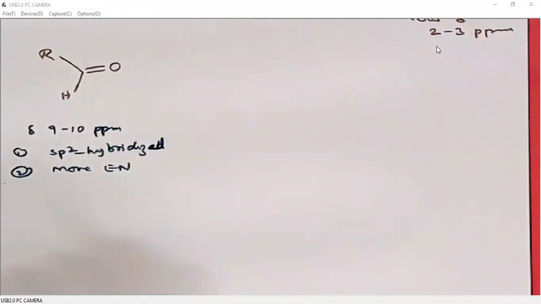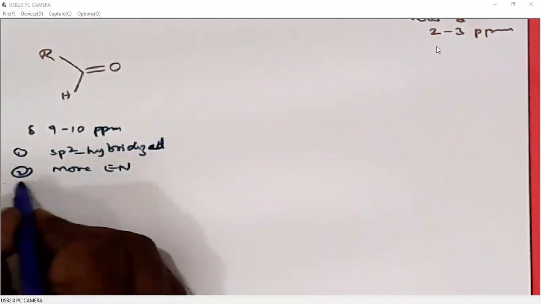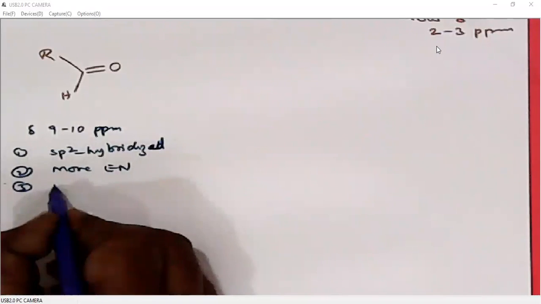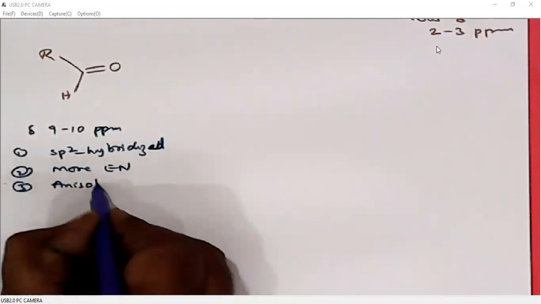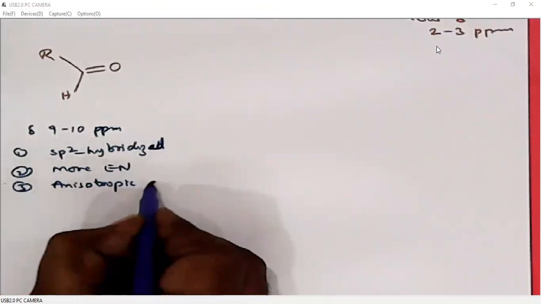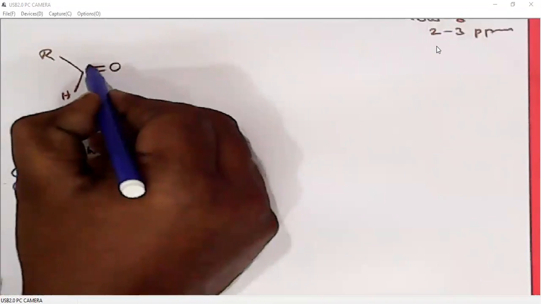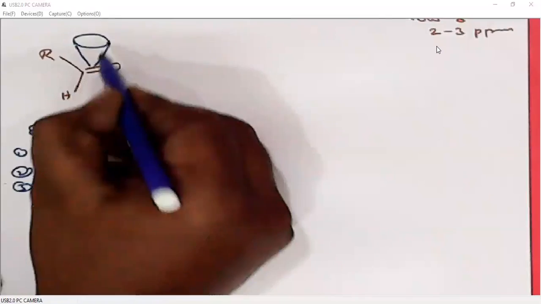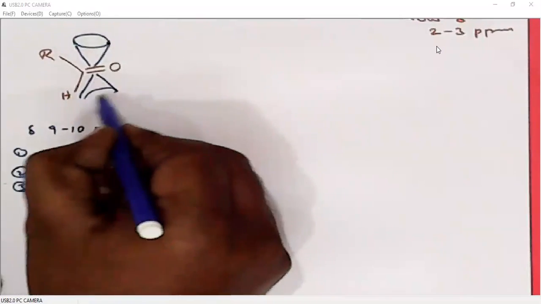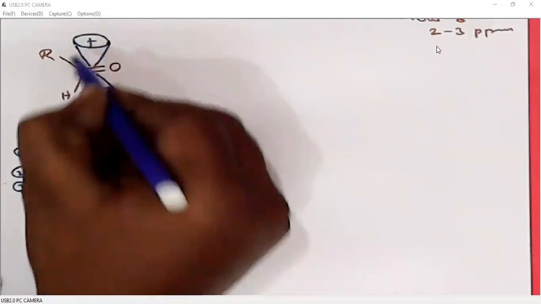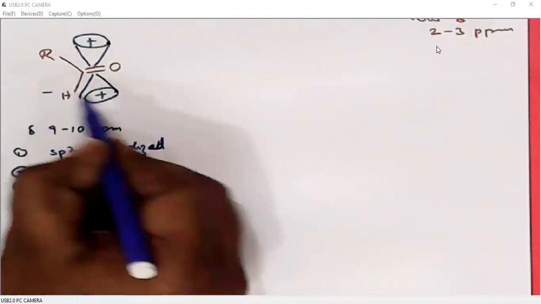This is mainly due to the anisotropic effect. So when we have a double bond, above the plane and below the plane will be shielded region and all other will be de-shielded region.